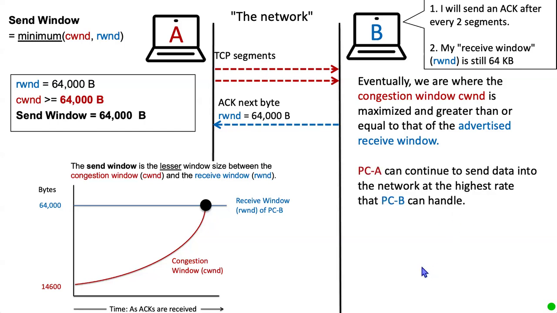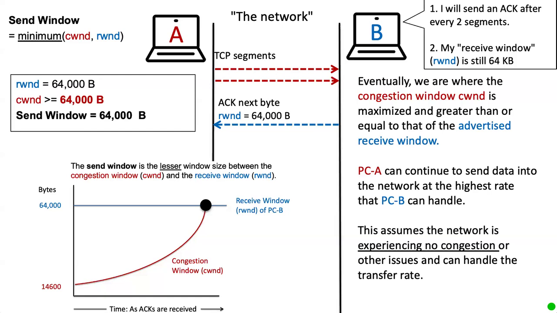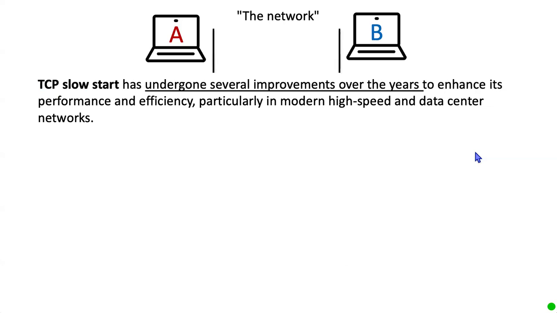PCA can continue to send data into the network at the highest rate that PCB can handle. And again, this assumes that the network is experiencing no congestion or other issues and can handle this transfer rate. And again, PCB may change its receive window based on what it's experiencing or its buffer. Talk about that a little later.